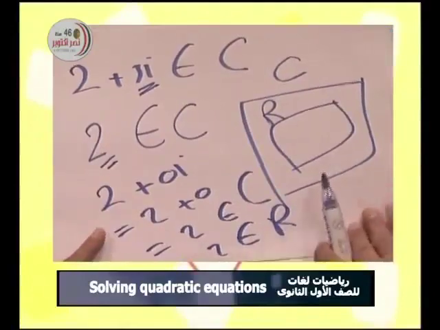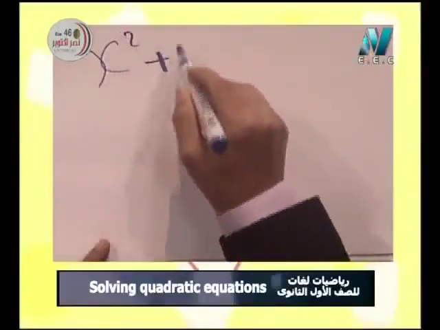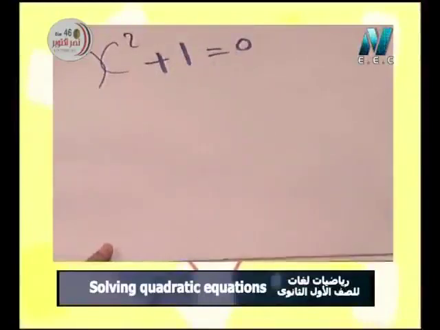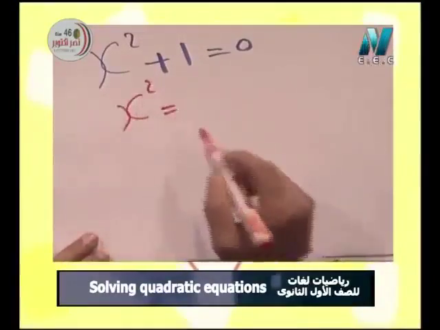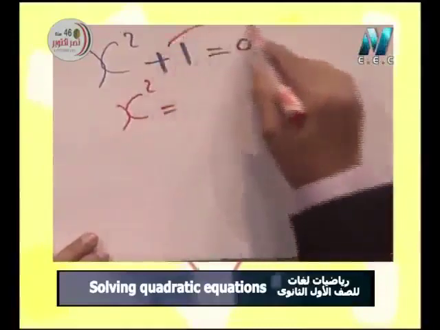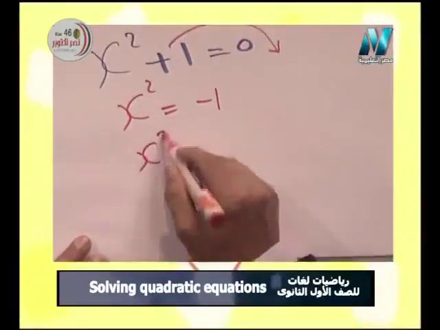Okay? Now we will solve quadratic equations which have no solution in real numbers, but have a solution in complex numbers. If we try to solve the equation x power 2 plus 1 equals 0, we try to find the solution by transferring 1 to the other side, which will be negative 1, so x power 2 equals negative 1.